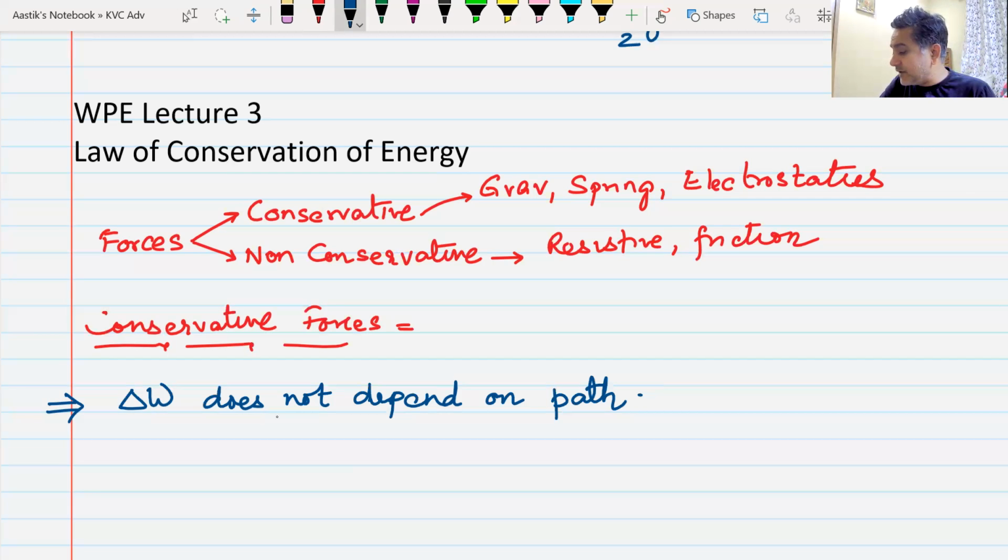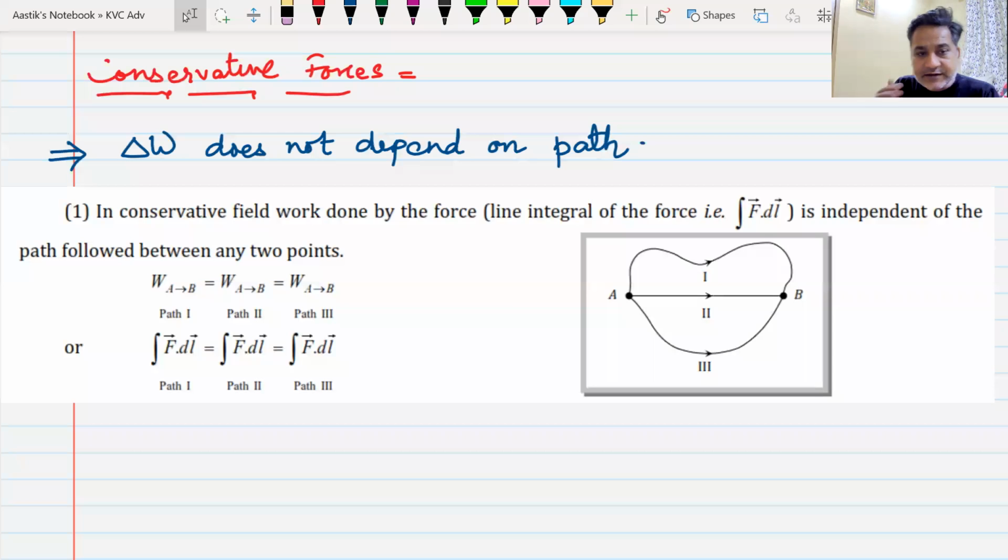If I can show you a diagram, this is how you can understand these conservative forces. I hope you can see this diagram.